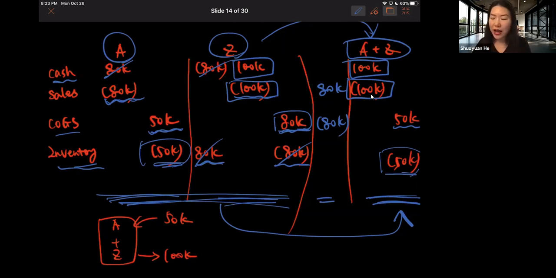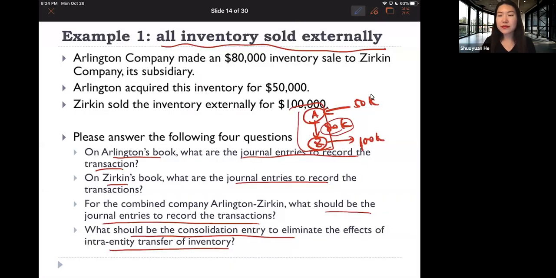And this journal entry, debit sales 80,000, credit cost of goods sold 80,000, is our consolidation entry TI. So this is an example of if all of the inventories are sold externally.